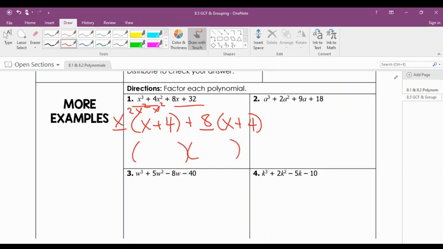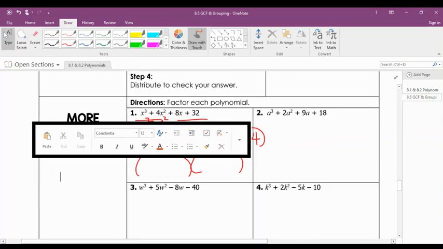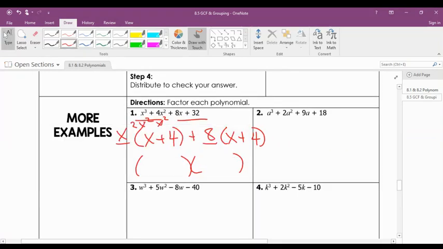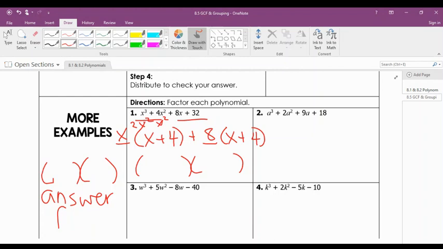2 parentheses. This is my answer form. 2 sets of parentheses. That's what I want to see for grouping.